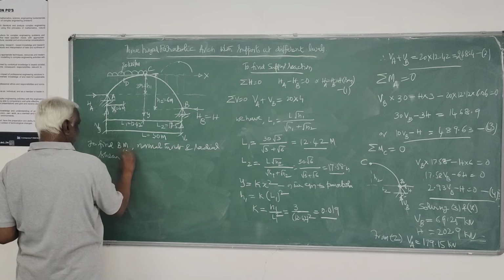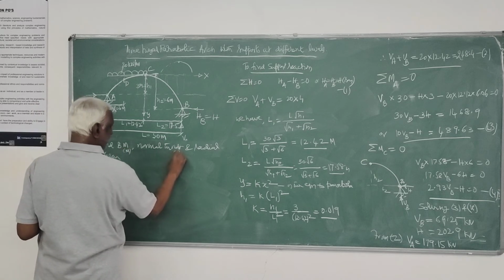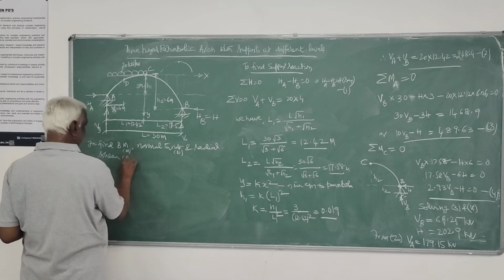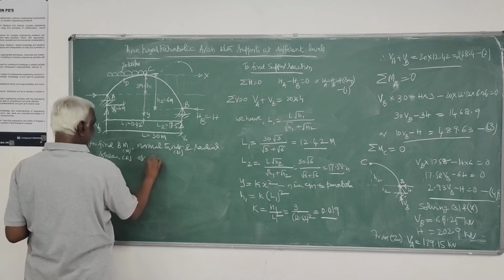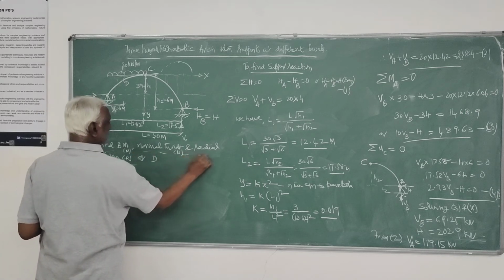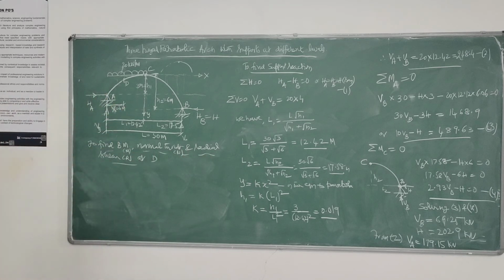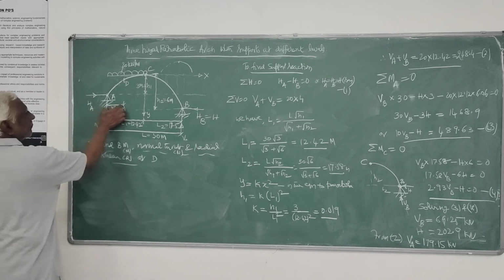This is bending moment M, normal thrust N, radial shear at D, which is at 4 meters from the left support. Then this is 4.